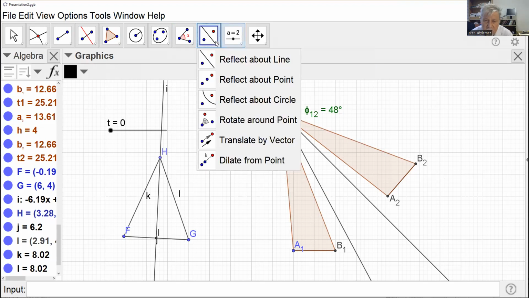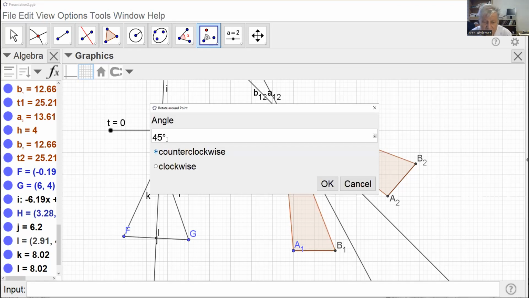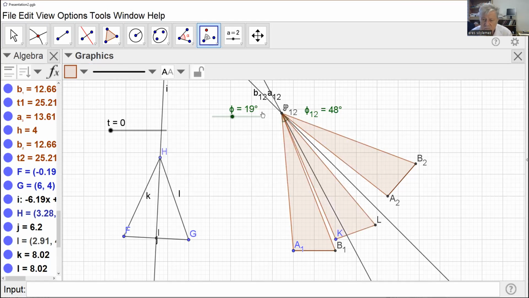What I do is translate, sorry, in this case, rotate only. Rotate this rigid body about P12 by an angle alt phi in counterclockwise direction.